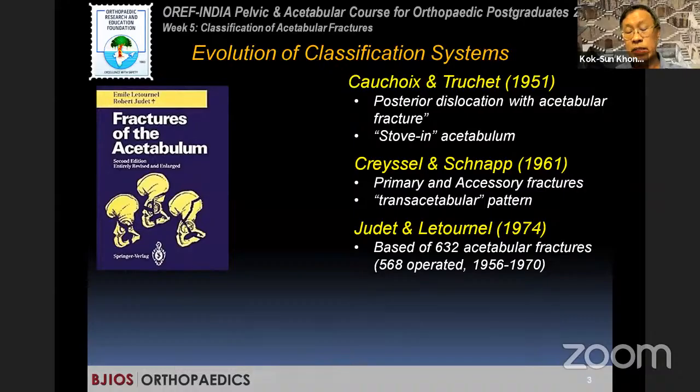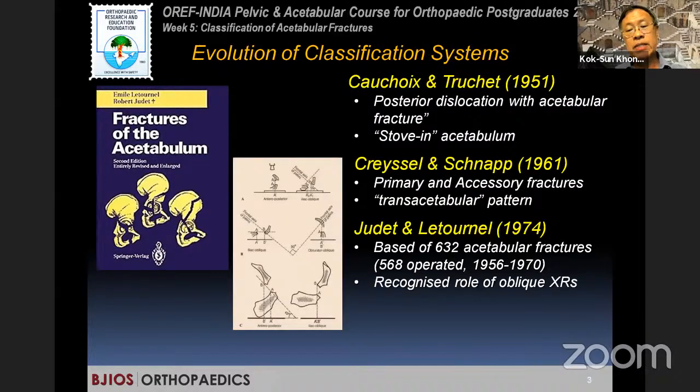So they were very early in their development and understanding of the fractures. And this was actually based on the fact that they used oblique X-rays. Before Judet and Letournel, they were trying to understand the fracture, and they developed the Judet views. And it was from the Judet views that they understood which fractures belong to which part of the anatomy.